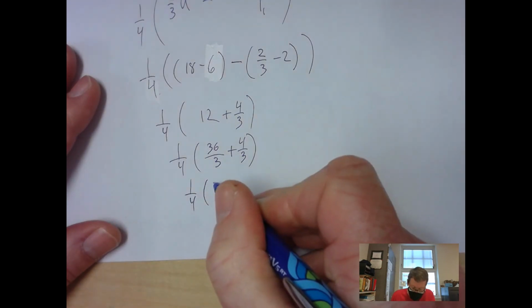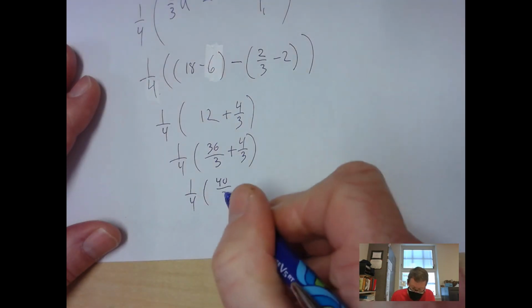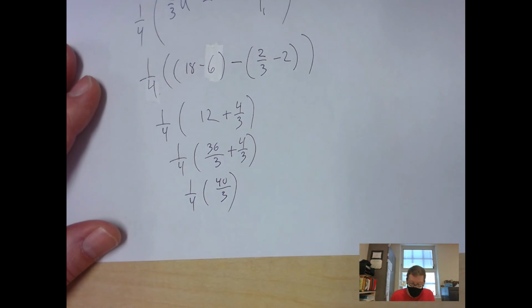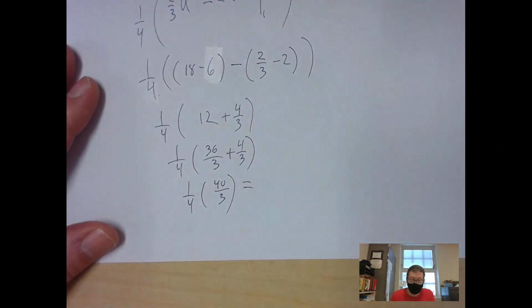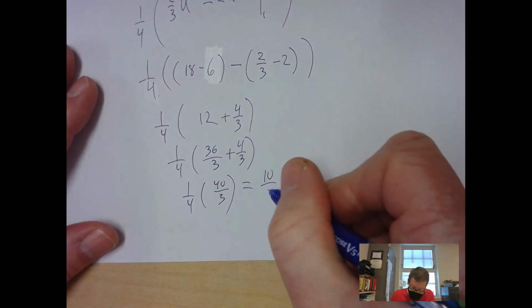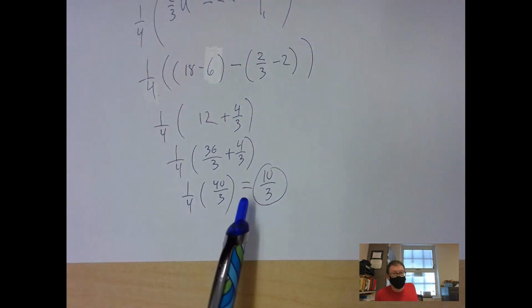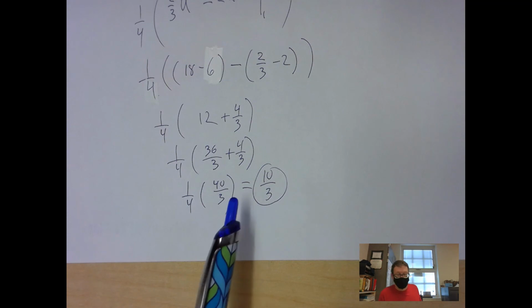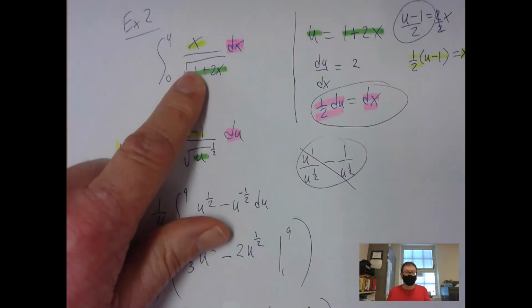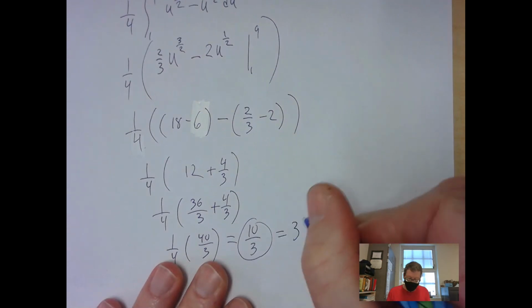That would be 40/3 times a 4th. The answer is 10/3. So that's a pretty nice answer considering all the square rooty fractiony stuff that we went through for the answer to be 3 1/3.